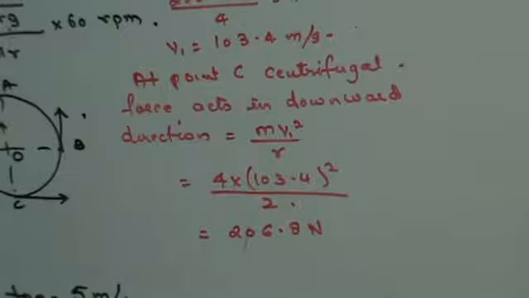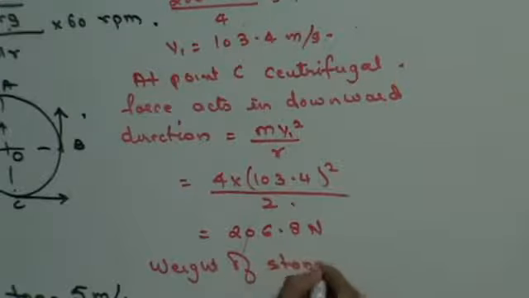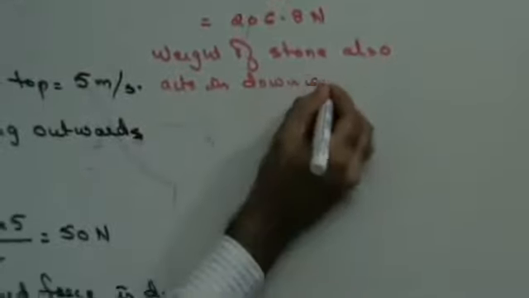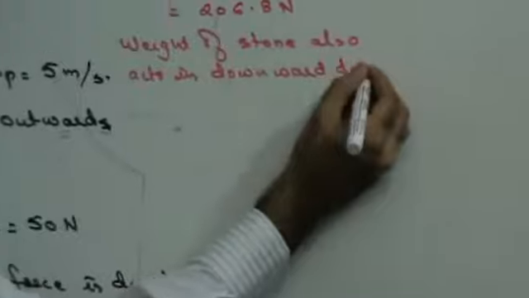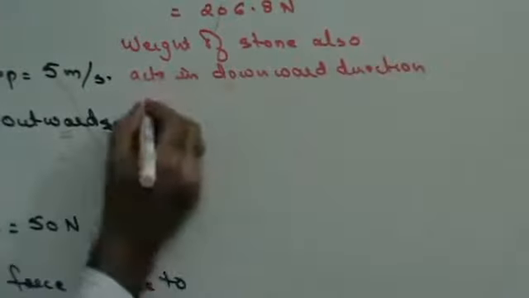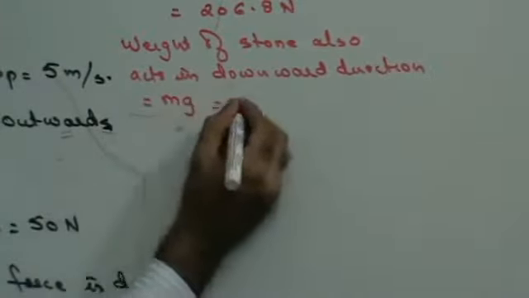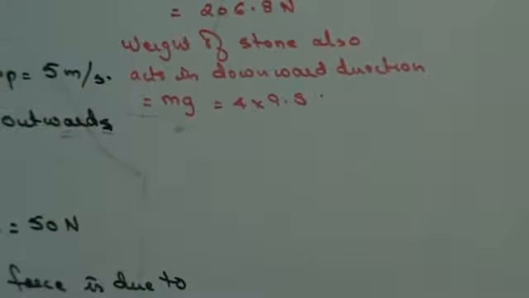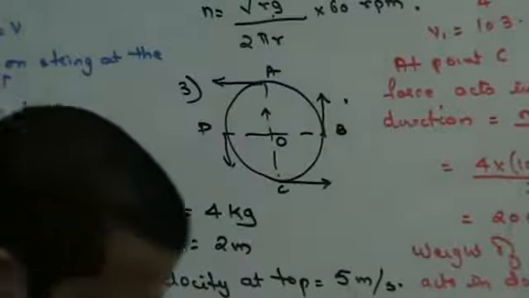Moreover, the weight of the stone also acts in downward direction, which is going to be equal to mg, mass is 4 into 9.8. Therefore the total force that is going to act in downward direction is the centrifugal force and the weight of the stone. Both the forces are going to act.